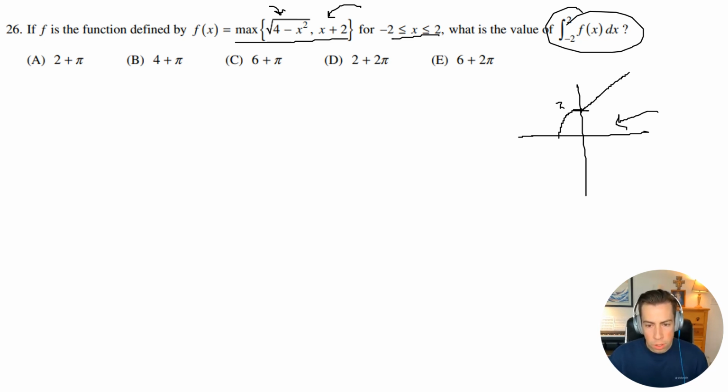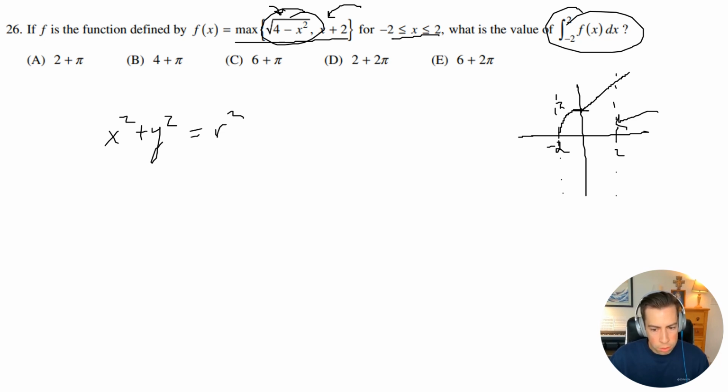So what we want to do is truncate this at 2 and -2. Okay, let's write out this integral. For this circle function, first of all, I know that x squared plus y squared equals r squared.